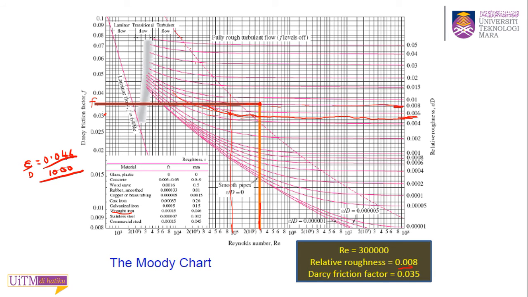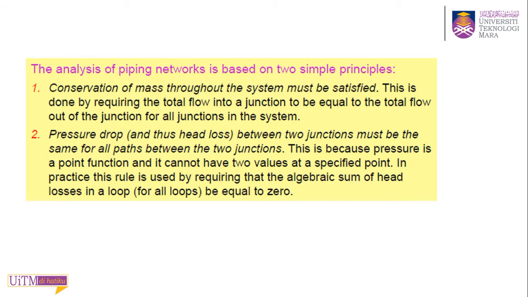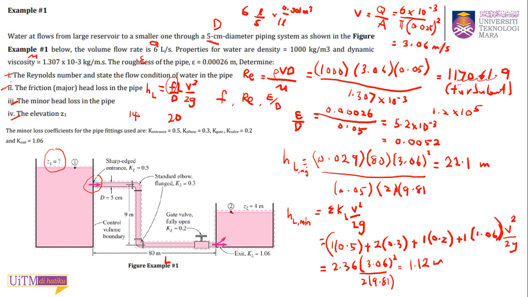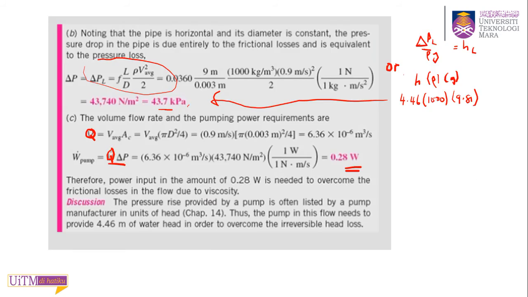The diameter of pipe 1 is 0.289. So go back to your Moody chart.